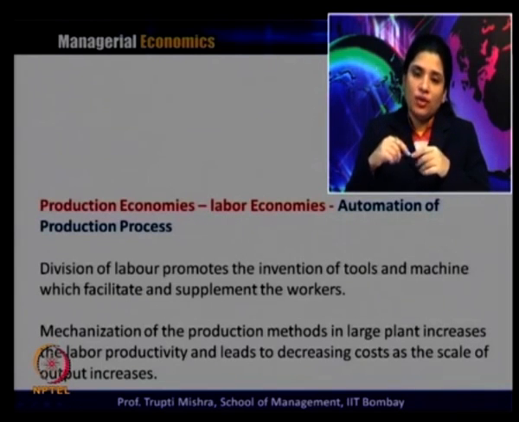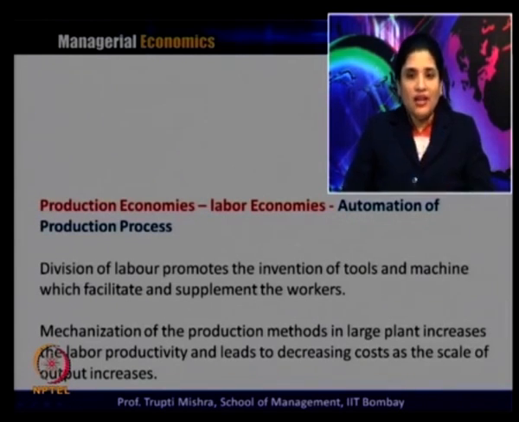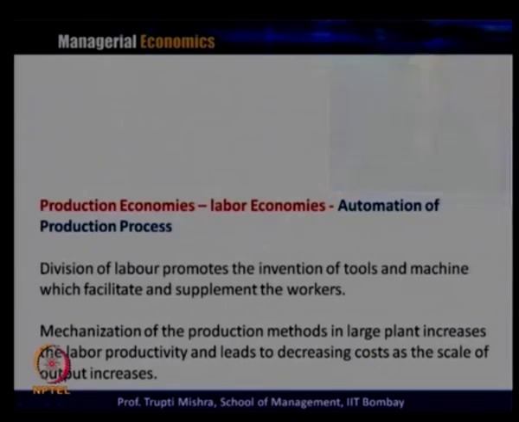Mechanization of the production method in a large plant increases labor productivity and leads to decreasing cost as the scale of output increases. Whether it is automation of the production process or mechanization of the process itself, that reduces time and increases labor productivity, because they are not doing it manually; the production process has become automated.